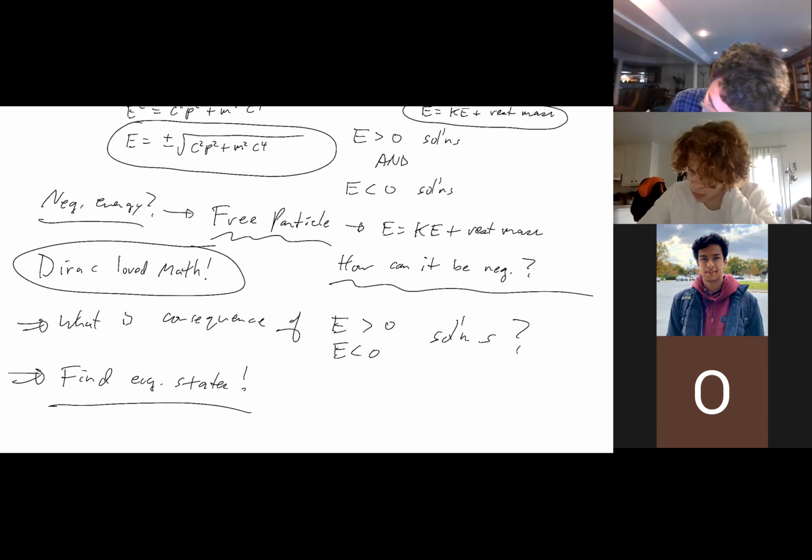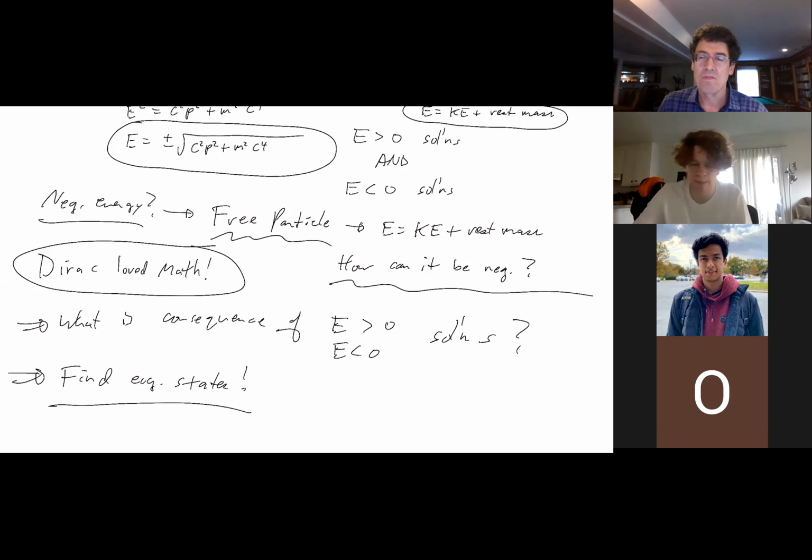How do you find eigenstates? Somebody remind me. What do we do next? You basically set the H operator, you act it on the psi and then set it equal to the value that we found times psi.